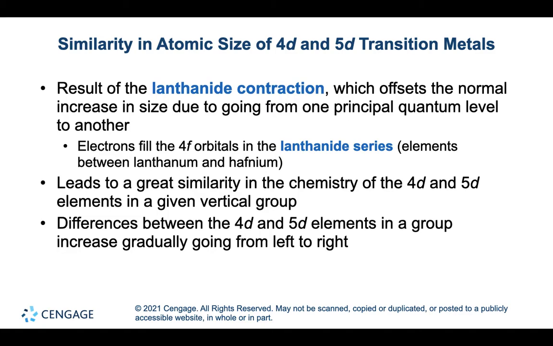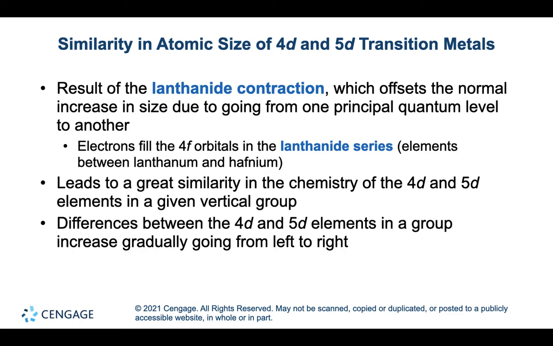Typically, as you go down the chart, you see an increase in size. But remember, in the sixth row, which is where we have the 5D, before the 5D electrons are filled, you have the 4F orbitals in the lanthanide series being filled. So you have 14 electrons that go in and 14 protons that go in before you get the 5D.